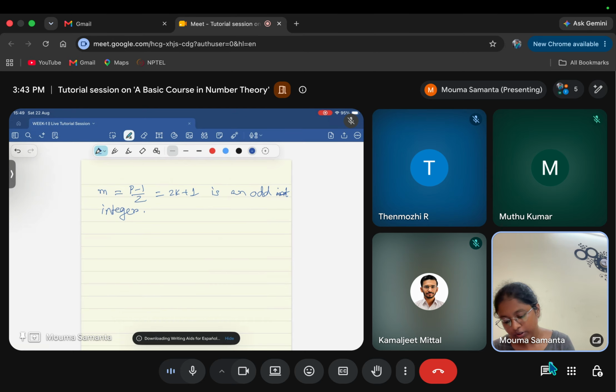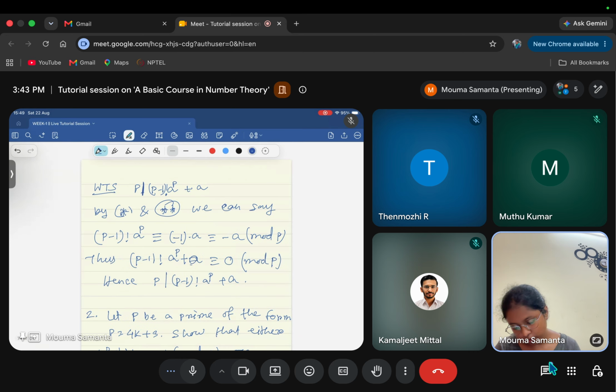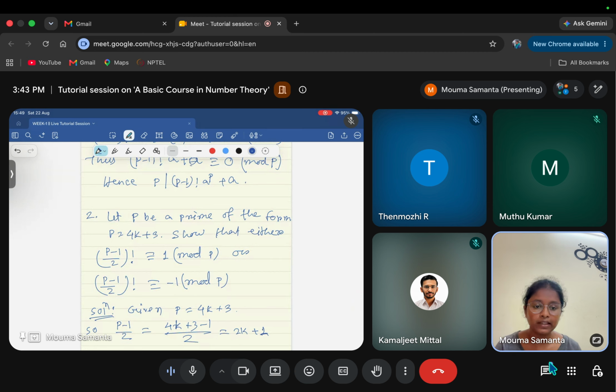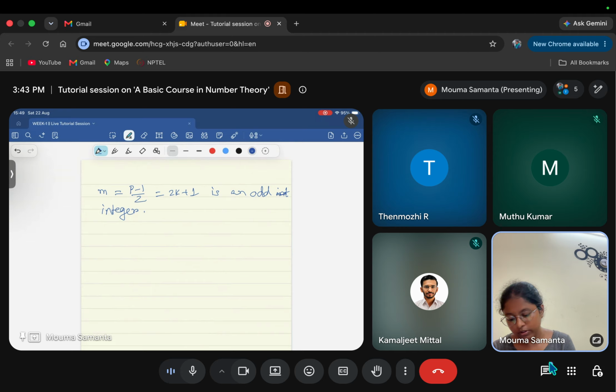Now what we have to show? We have to show that ((p minus 1)/2) factorial is congruent to either 1 or minus 1.